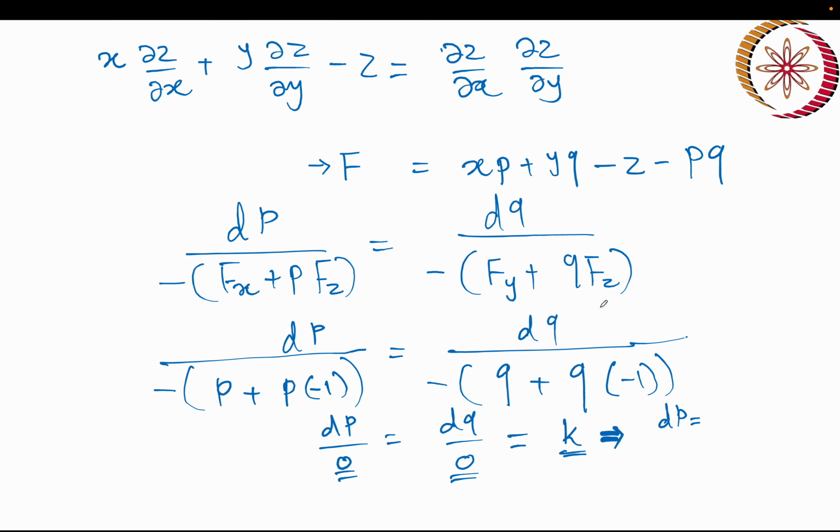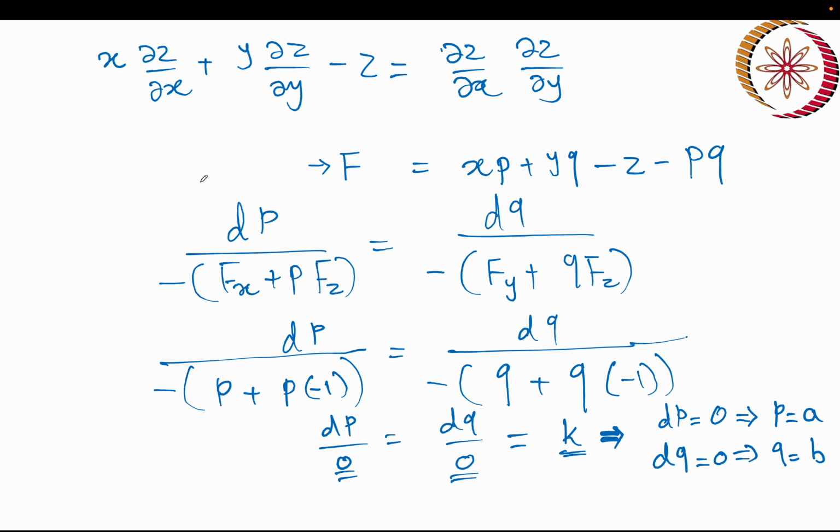So dp is equal to 0, and we'll get p equal to, let's say, a constant of integration, a. And here dq is equal to 0, that will give q equal to, let's say, some constant which is b.